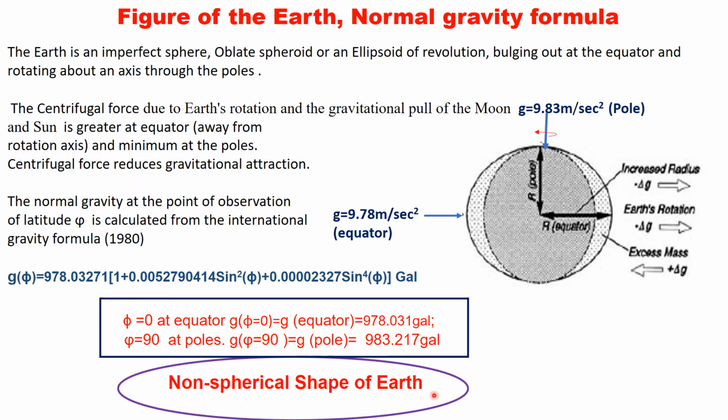It implies the non-spherical shape of the earth, because it is bulging at the equator and shrinking at the poles. The equatorial radius is more, as I have told you many times, 6378, and the polar radius, 6357, is less. This accounts for the less and more gravitational attraction, and it is also associated with this formula.